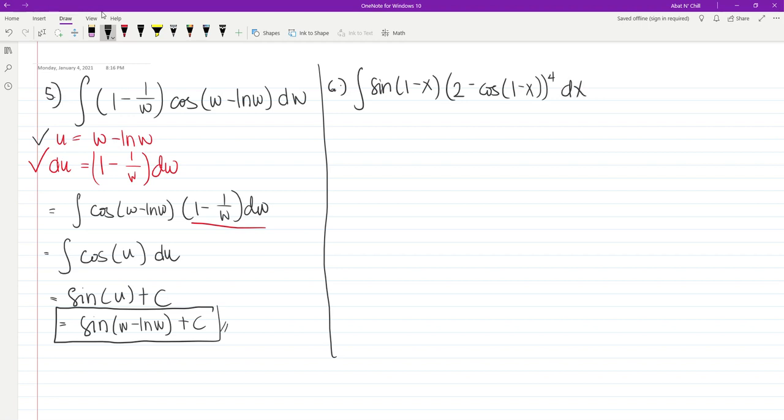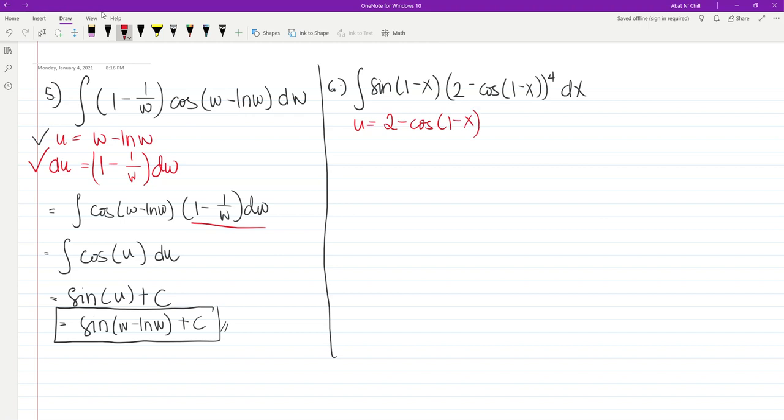So this could be a little bit tricky. But we know that we have a cosine here and we have a sine here. So the very best choice is that we let u equal this, not including the raised to 4. So we have 2 minus cosine 1 minus x.